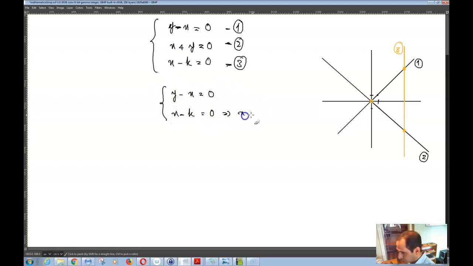So over here I get x is equal to k, and if I put x is equal to k in this equation, I will get y minus k is equal to 0. That means that y is equal to k. So y is equal to k and x is equal to k. That means that the point of intersection of these two lines seems to be k comma k.